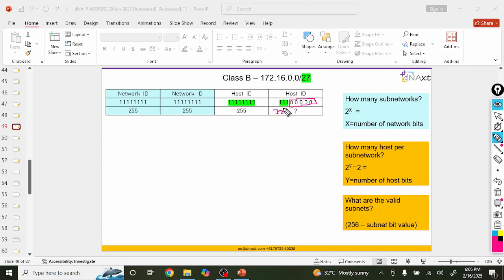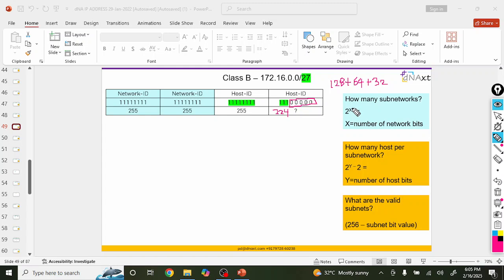Why? Because 3 bits are on over here, and for that we calculate the value of the subnet bits as 128 plus 64 plus 32, which comes out as 224.